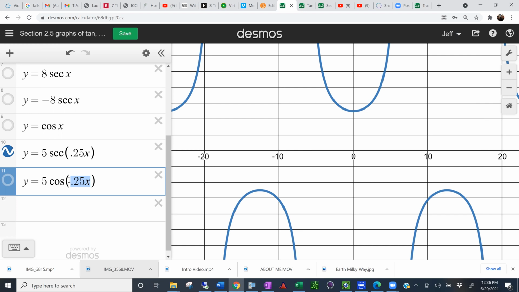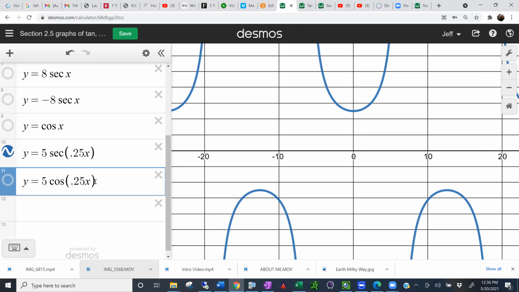Remember, I've said it a couple times today. Well, the secant's going to have asymptotes where this is 0. So I guess I said, where does the cosine have asymptotes? No, that's wrong. Where does the cosine equal 0? So you're right, Durade. Where does the cosine equal 0?